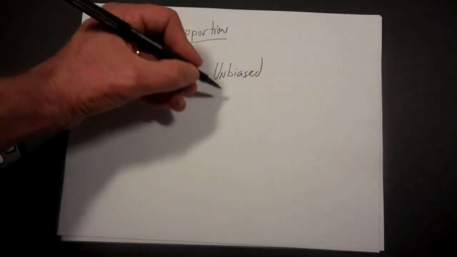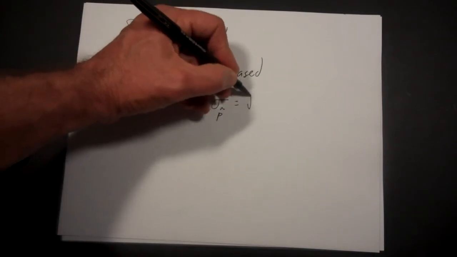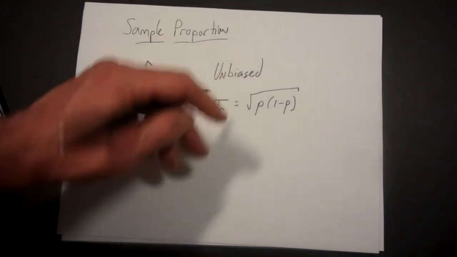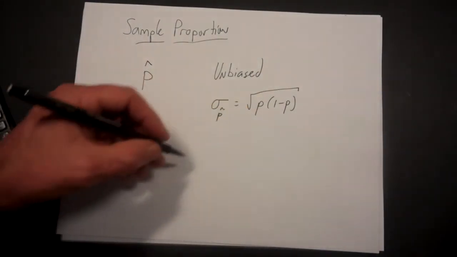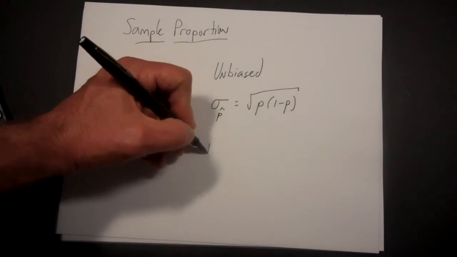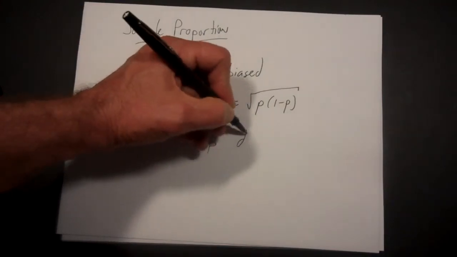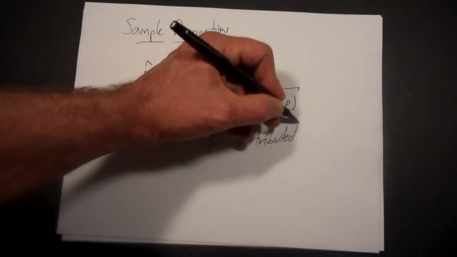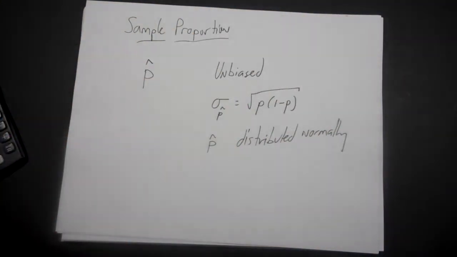First, it is also unbiased. The second thing is that the standard deviation of p hat is the square root of p times 1 minus p, where p is the population parameter, and that p hat will be distributed normally, again under certain conditions.